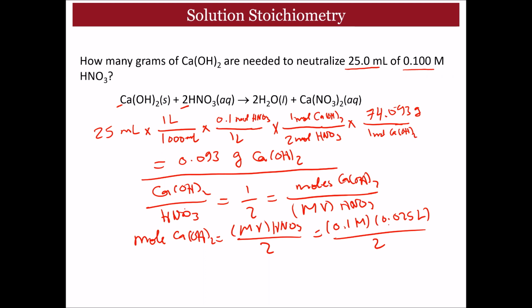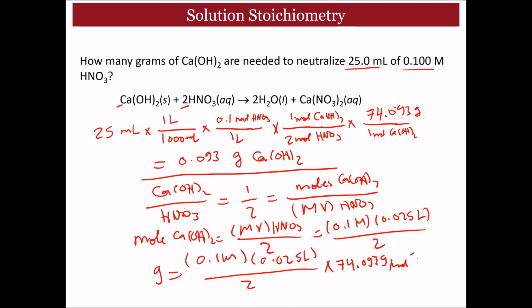So grams equals 0.1 molar times 0.025 liter divided by 2 times 74.093 gram per mole. So it's going to give us 0.093 grams.